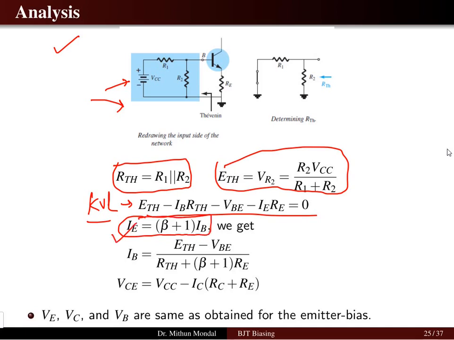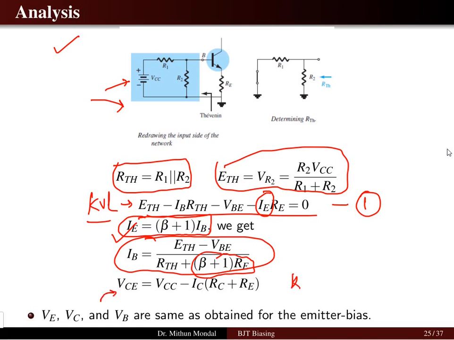If we substitute this emitter current in the KVL expression, we get the base current. Here also, in the denominator you will have an expression of beta plus 1 into RE, and the collector to emitter voltage would come from the KVL equation. Again we get VCC, the input, minus the total drop.